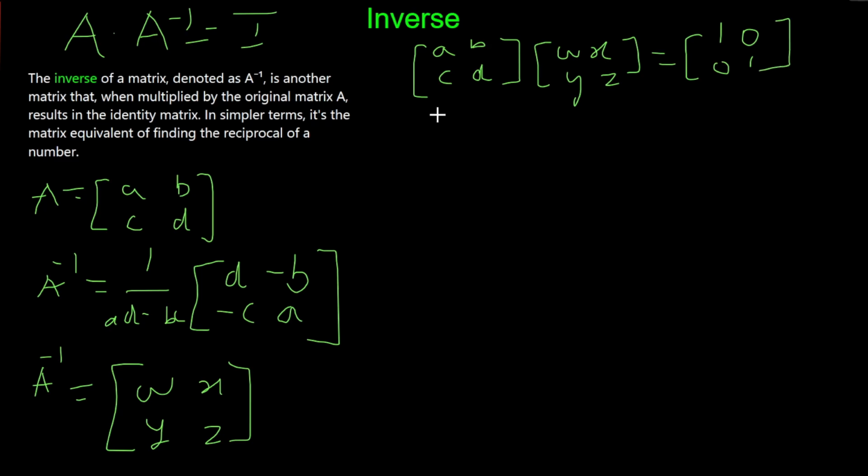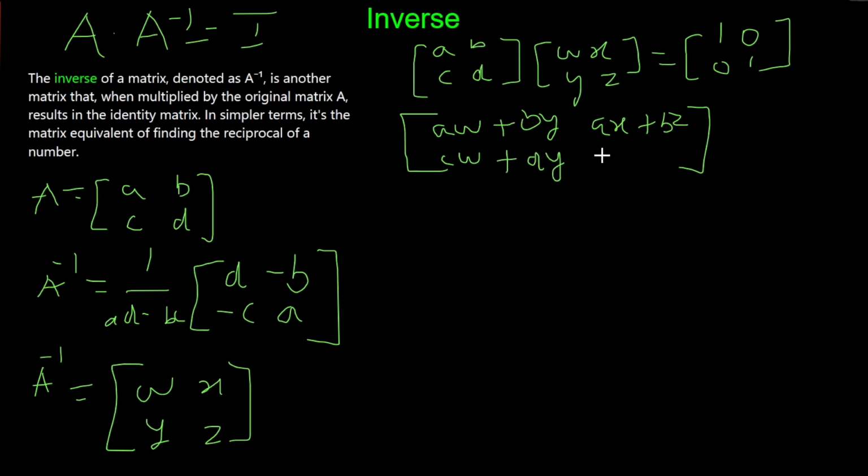So if we multiply these two, using matrix multiplication, we will get AW plus BY, and here we have AX and BZ, and below we have CW and DY, and here we have CX and DZ, equal to the same thing.